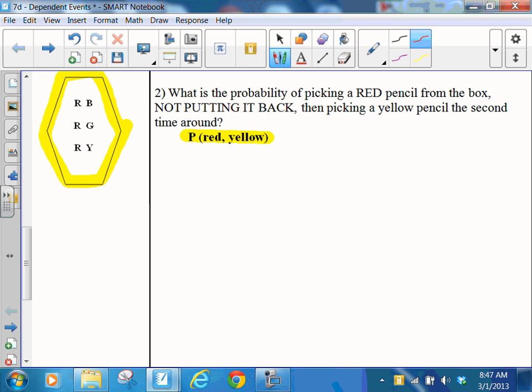So the probability of picking red is 1, 2, 3 out of 6. So we're going to multiply that by the probability of picking yellow being 1 out of 5, because the red pencil is no longer there, so there's only 5 pencils.